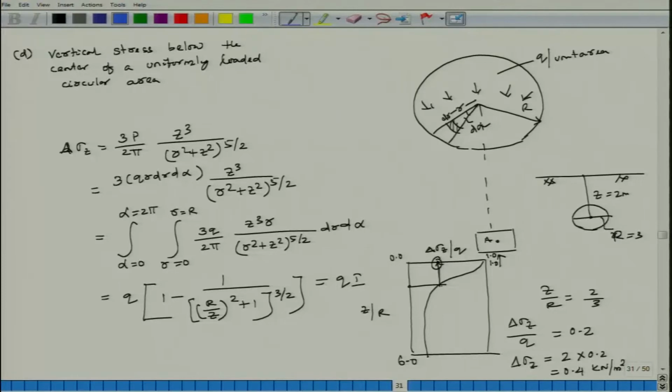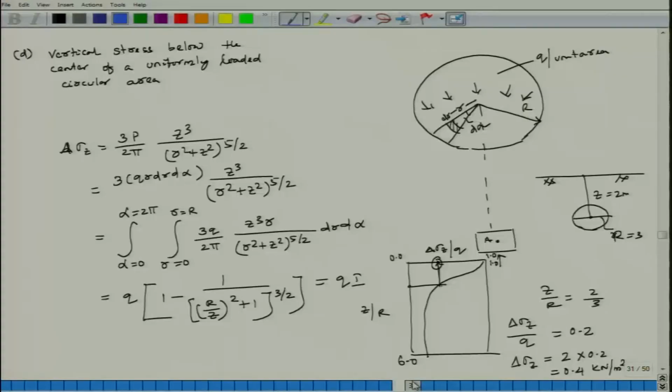Once you know the radius of your circular area and the distance below the ground surface where the increase in stress has to be calculated, we can calculate the increase in stress because of the circular loaded area.